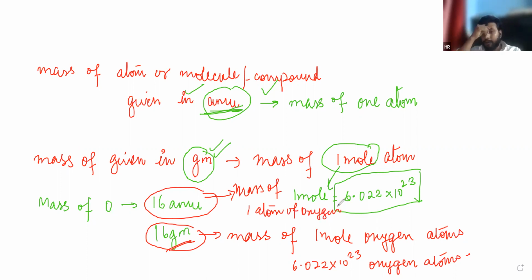Is this clear? The difference between AMU and gram. If you have any doubt, then you can ask me, Arslan. Okay. Should I change the slide?